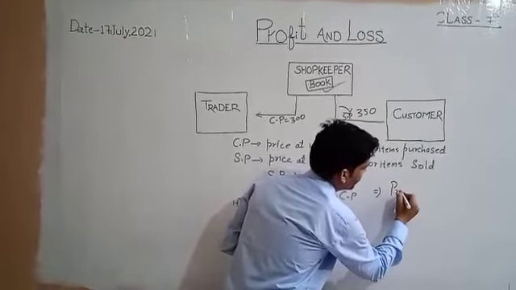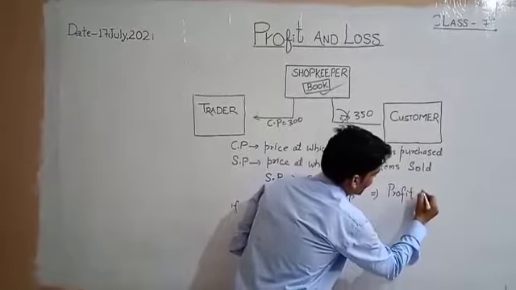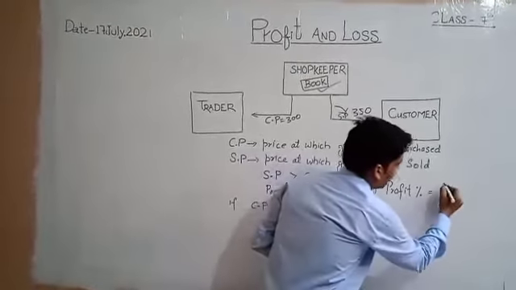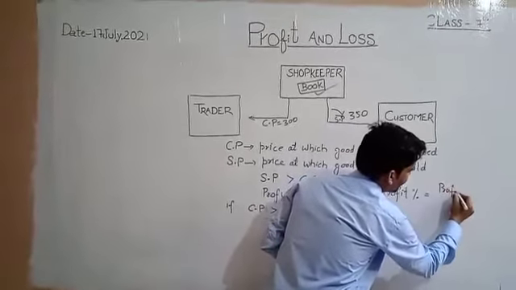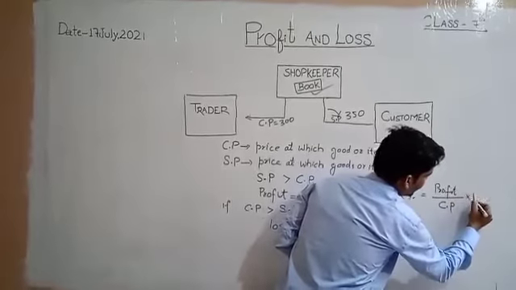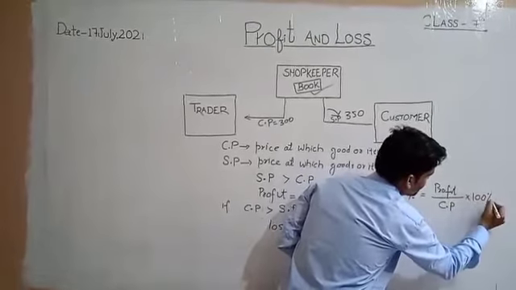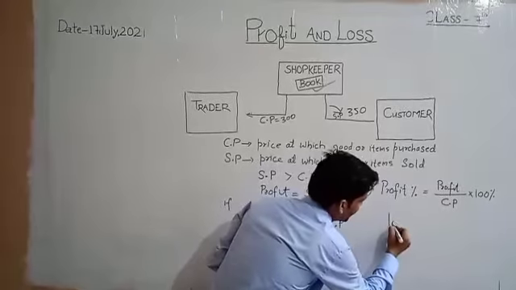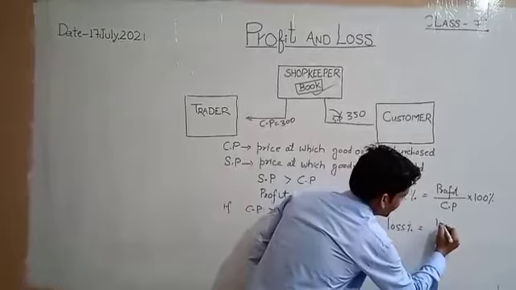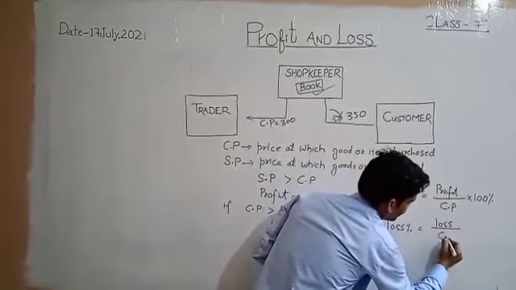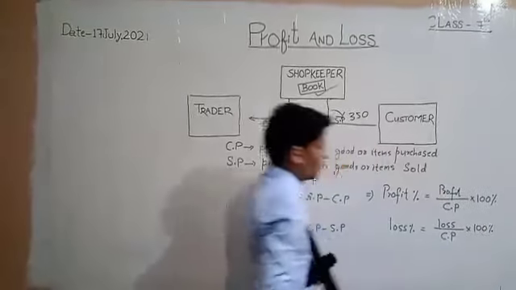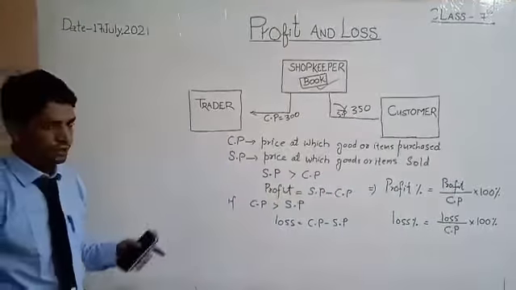Profit percent is profit divided by CP multiplied by 100%, and loss percentage is loss divided by CP into 100%.